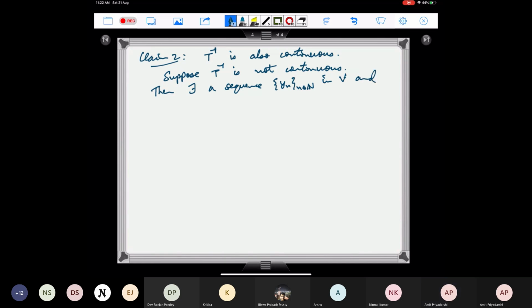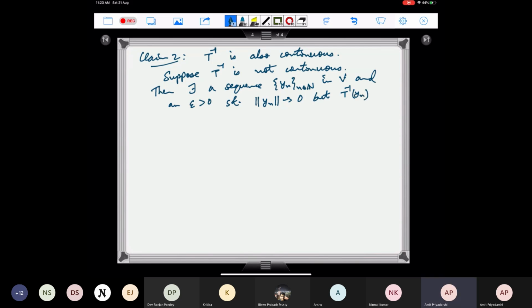and an epsilon positive such that norm of yn goes to 0, but T inverse of yn does not.